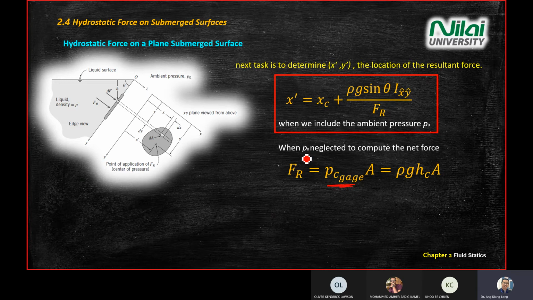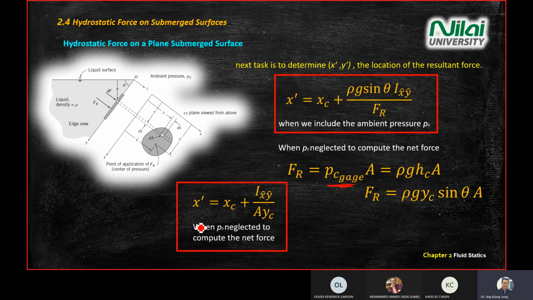If the question stated we ignore the P0, then we will use the P gauge here for our FR. So if we substitute rho g hc, because the P gauge equals rho g h through the centroid, then you'll get the second equation, which is on the screen here. And this equation at the bottom of the screen here is when we ignore the P0 effect.